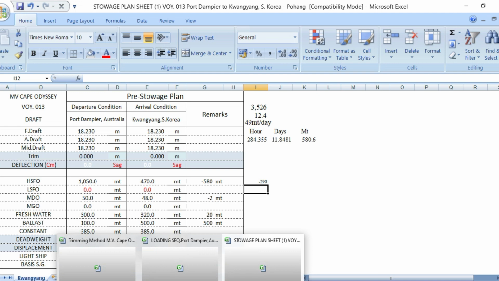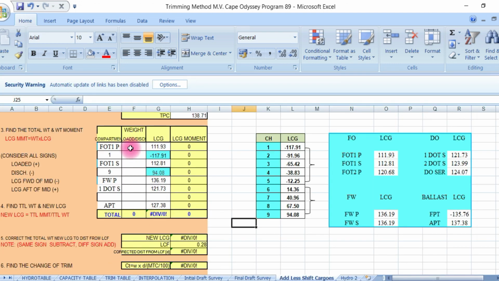So we put 290 in its tank. Negative 290 because it is consumption. And we got here negative 290.